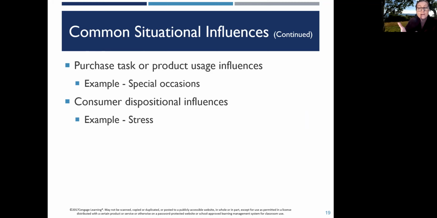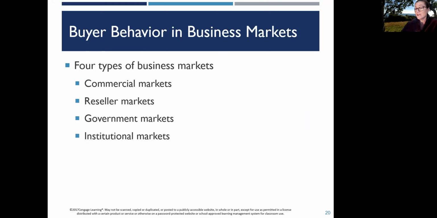So like if you're purchasing the product for a special occasion, such as a wedding or a graduation, maybe you're more inclined to spend more money, or maybe you're more inclined to evaluate more precisely, be more discerning in your purchase. And consumer dispositional influences, such as how stressed you are or not, or whether the 2-year-old toddler you've got in tow is throwing a tantrum or not.